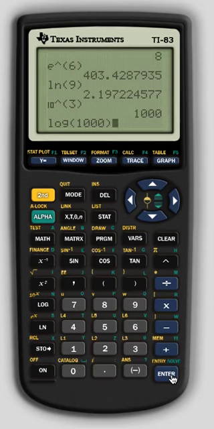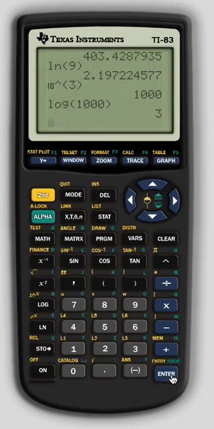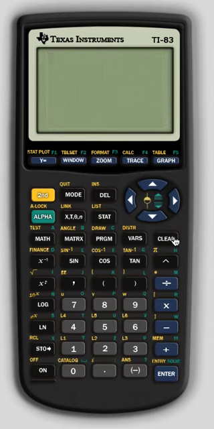LOG of 1,000 ought to be 3. That's the power you have to raise 10 to get 1,000. So there are different aspects of your calculator. You're going to have to make sure you're getting the right answer in some of these problems.